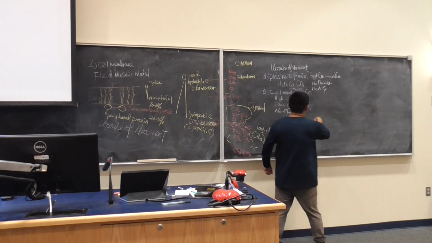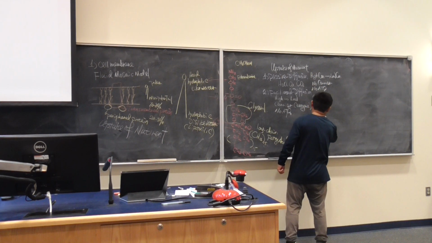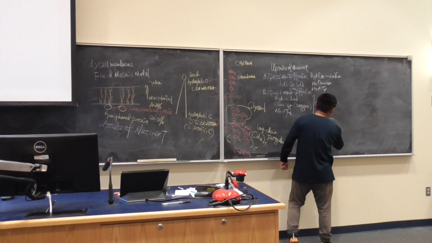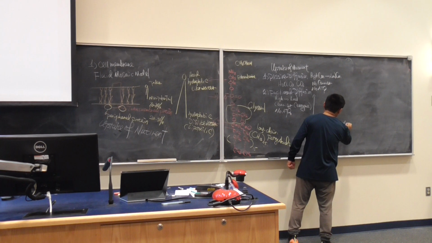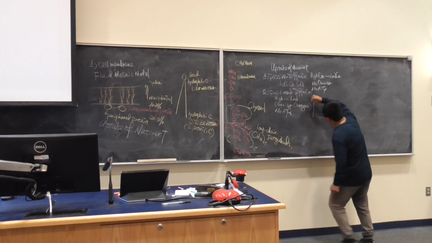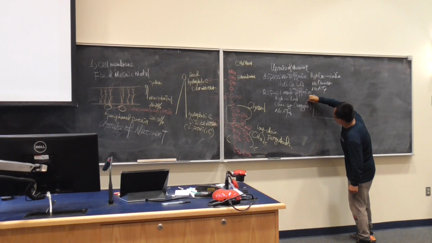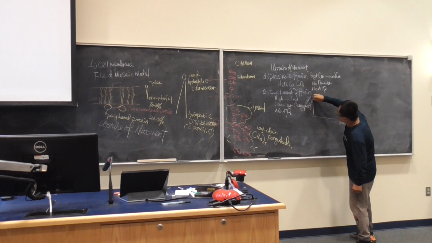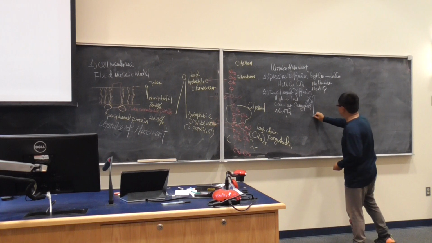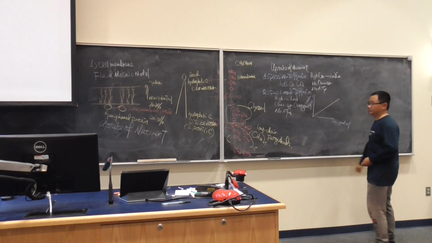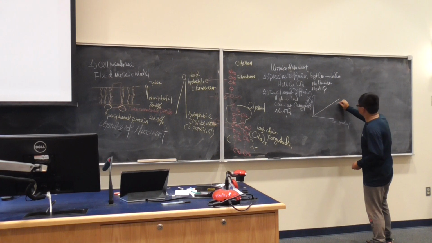If we want to draw a picture of what it looks like, let's say this is the concentration gradient, and this will be the transfer rate. What will the curve look like? Passive diffusion looks like this, very straight.